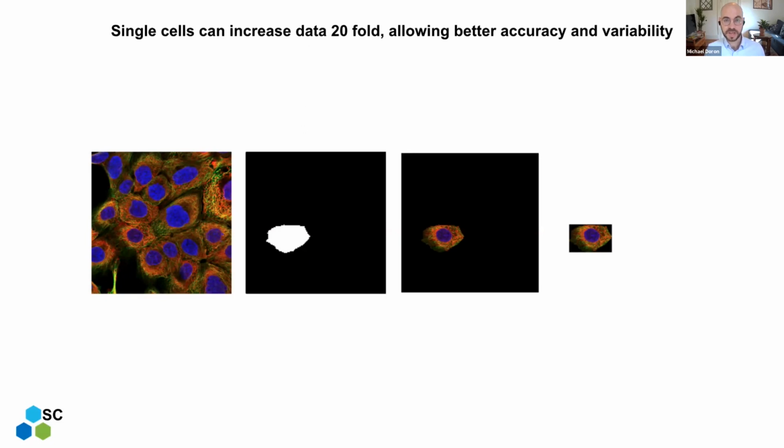And this allowed Dino to reach better accuracy and have better variability, since now we're looking at each specific cell, not at the aggregate of the entire image.